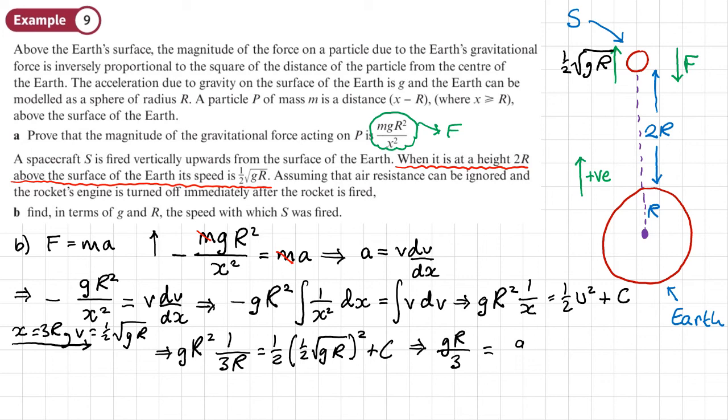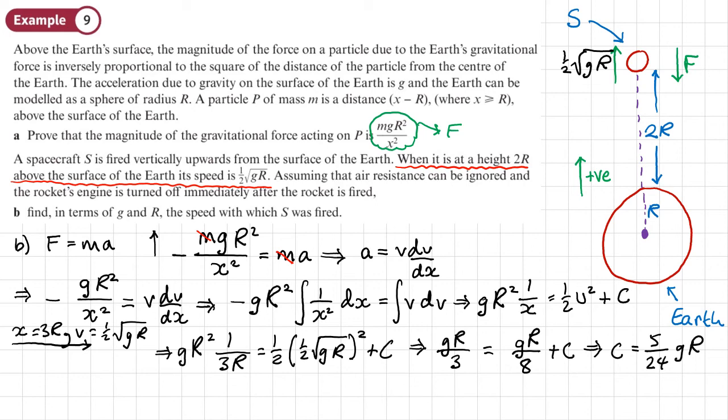I've got plus c, so now I can work out what my c is. So that gives me c is equal to 5 over 24 gr.